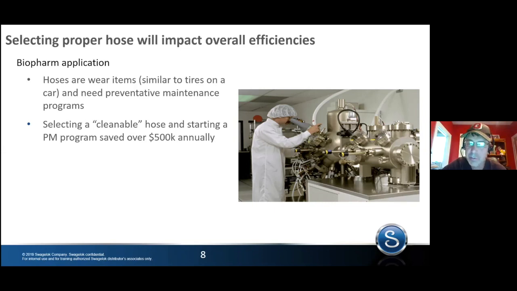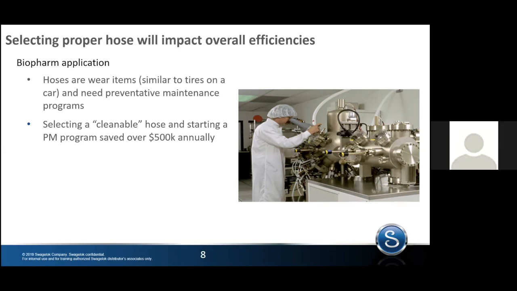In this case, it was over $500,000 for this particular customer. And that's very common. So I always ask people that use hoses, how often do you have a preventative maintenance program? Are they on all the hoses in your system? Do you even know where all your hoses are? And are you planning for the correct downtime so that you can replace them when it's not a costly time or an unsafe time to have those hoses out of the system?